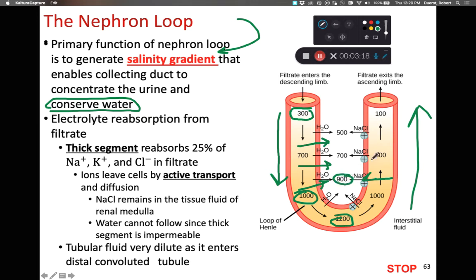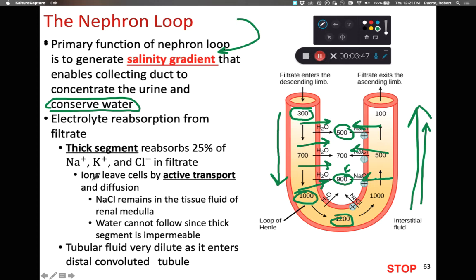So the extracellular fluid near the bottom of the nephron loop has a higher sodium chloride concentration than the extracellular fluid near the top. As the filtrate ascends the nephron loop, more and more sodium ions will be reabsorbed to compensate for the water that was reabsorbed.